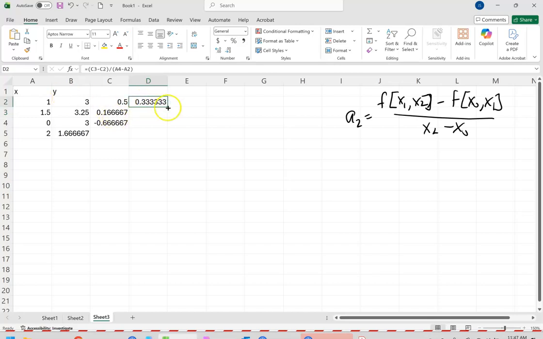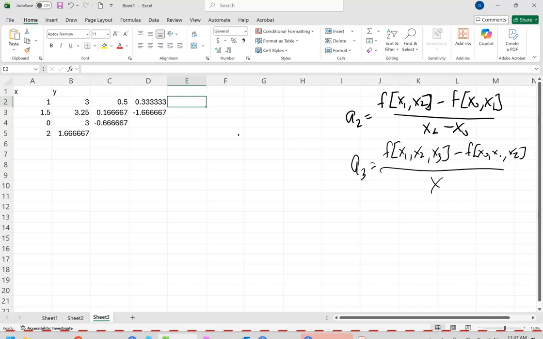Okay. Enter. I'm going to copy that down one spot. I'm going to come back to these other values in a minute here, by the way. Now, our A3 should be f bracket of x1, x2, x3 minus f bracket of x0, x1, x2 over x3 minus x0. Notice the two values that we just came up with are these two things, right?